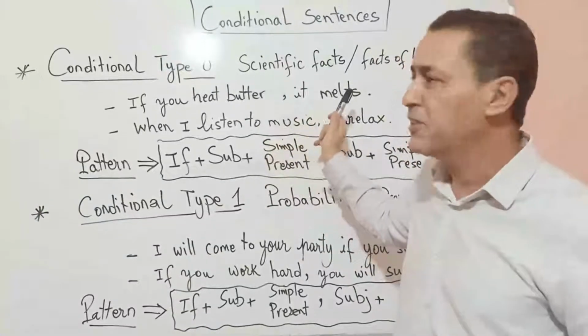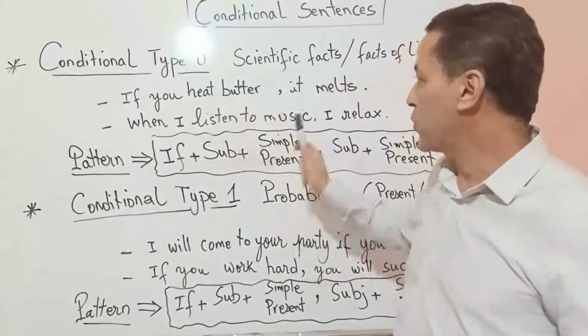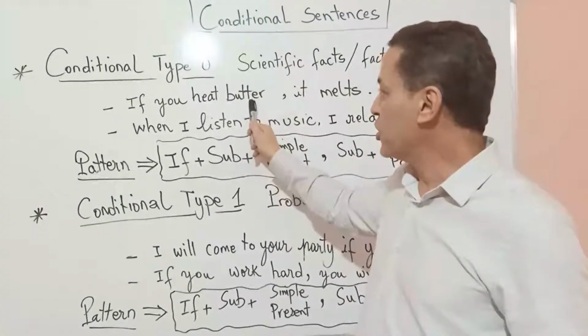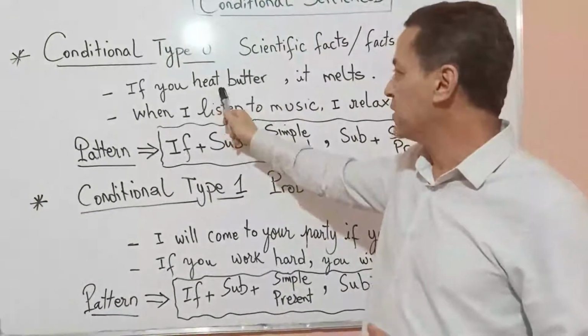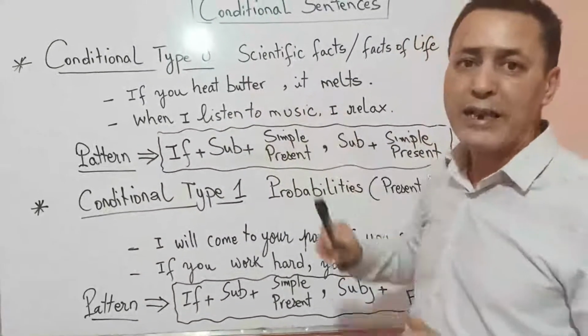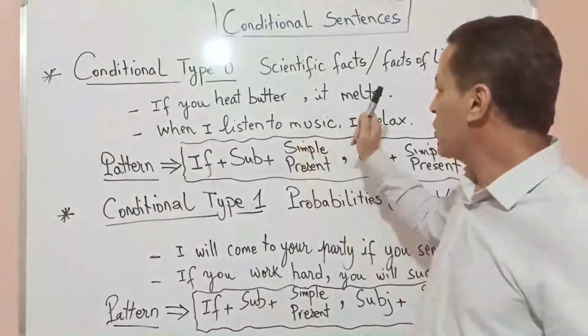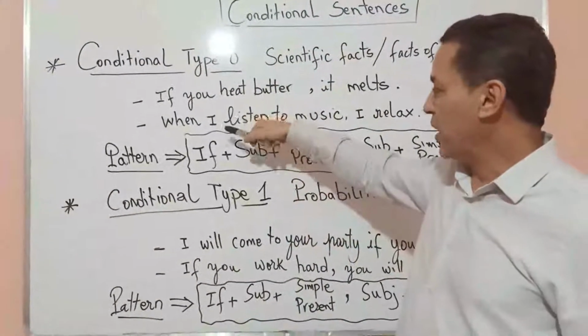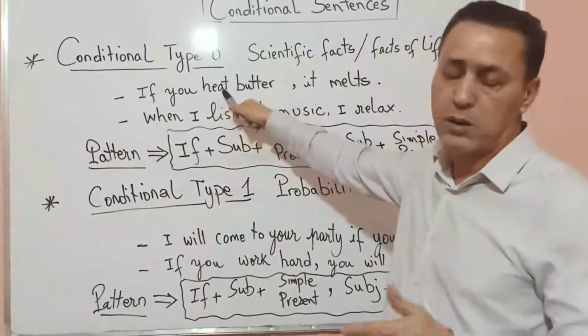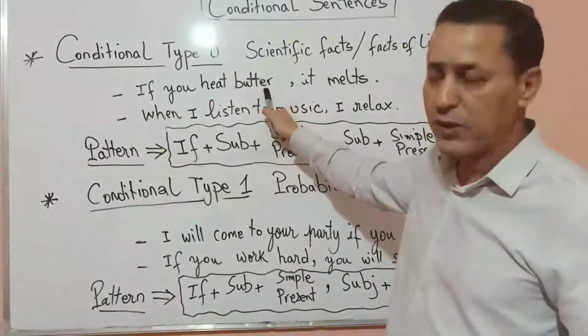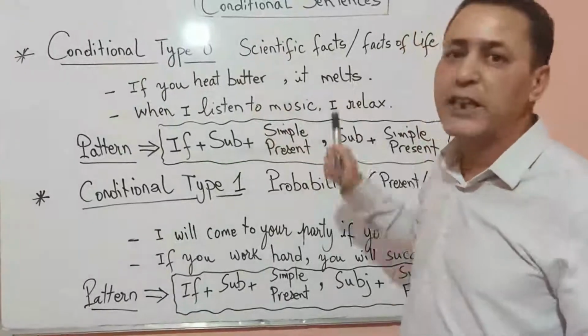So what happens when you heat butter? Of course, it melts. So scientifically, butter changes from a solid state to a liquid one, okay. So this is science. Science tells us that under the effect of heat or temperature, butter changes form, okay, from solid to liquid.